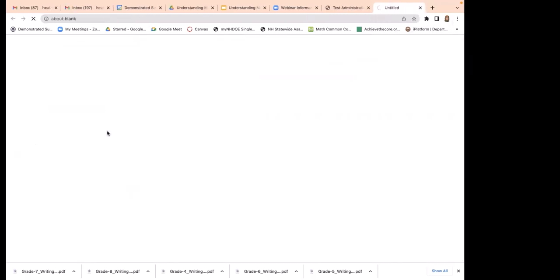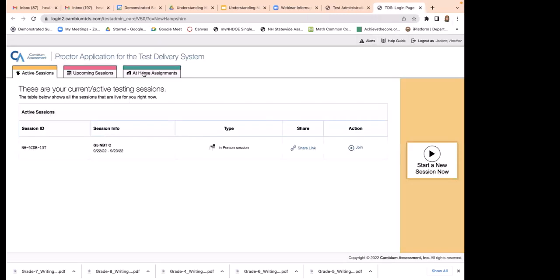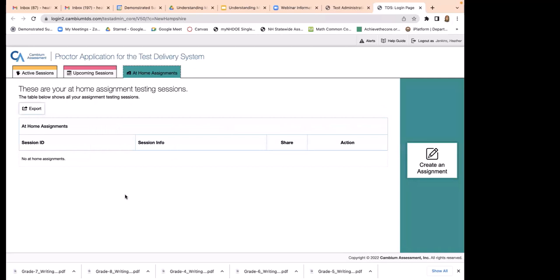The last way to administer an assessment is as an at-home assignment. When you create an at-home assignment, that does not mean that the students need to be at home. They can be sitting right in front of you. The difference is this particular session you can have open for a certain amount of time, and you do not need to approve students to be able to do it.